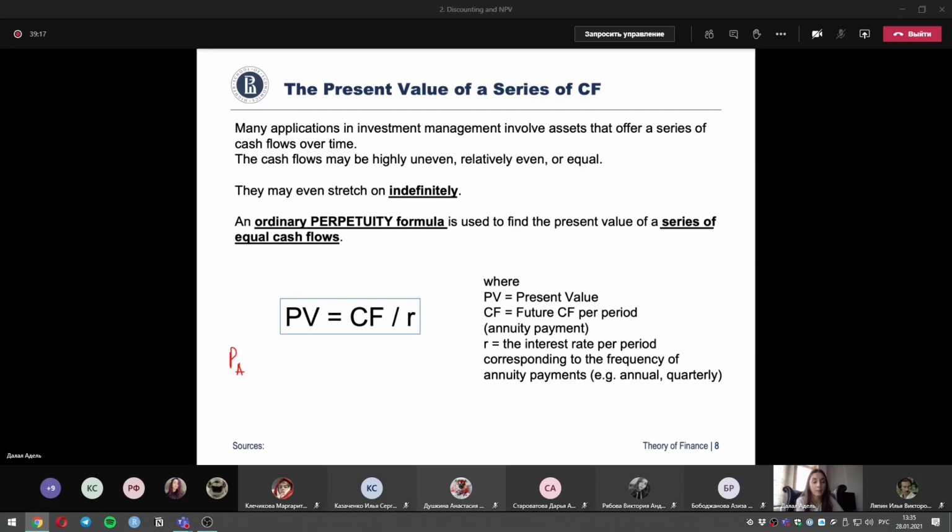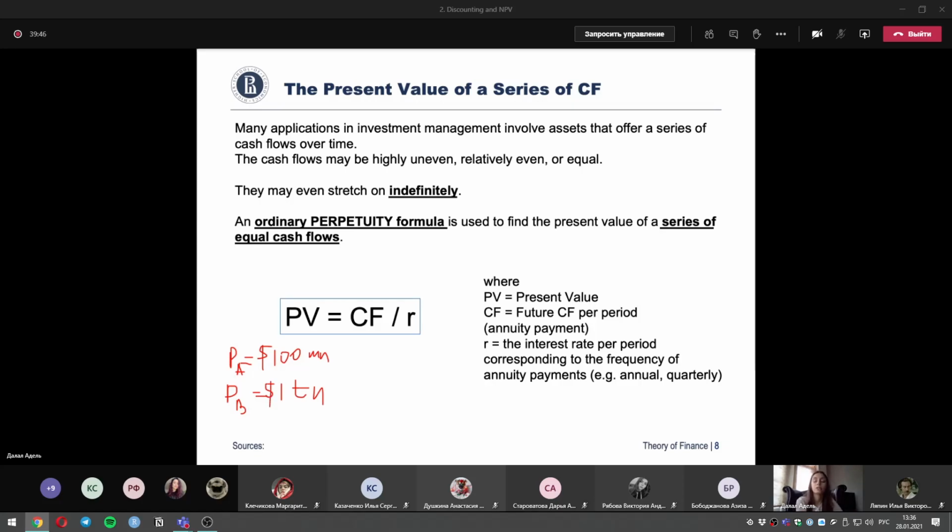Company A's price in the market is $100 million, while company B's price is $1 trillion. So we have two companies: one is $100 million, one is $1 trillion.